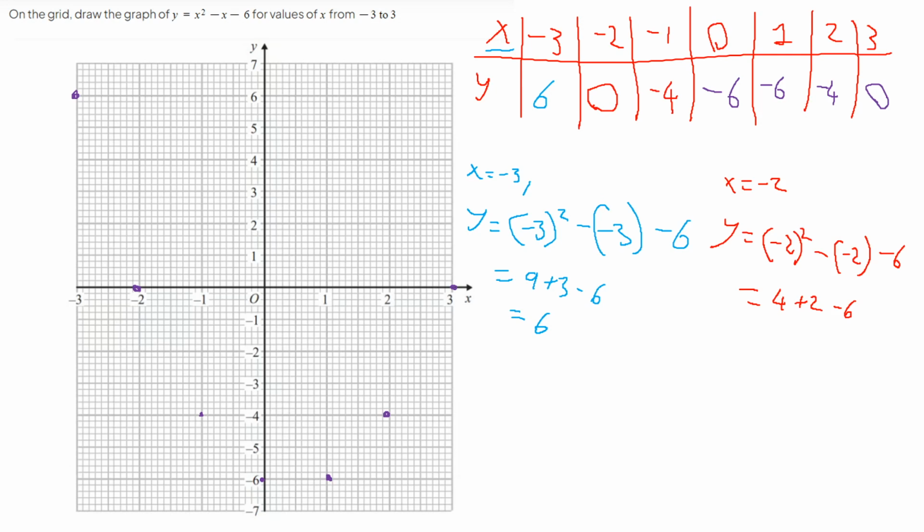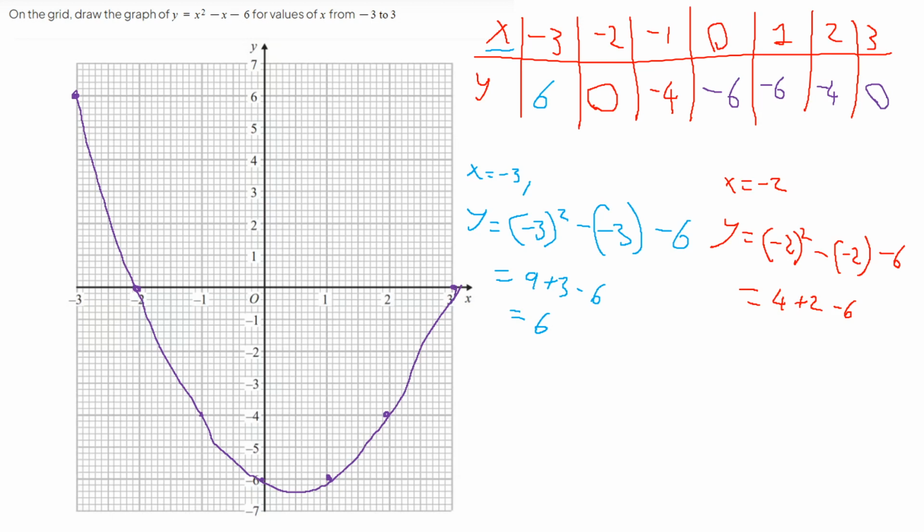And now we need to curve the points together. We can't do it straight like we did last time. It's going to have to be slightly curved. So what we're left with is something that looks like this.